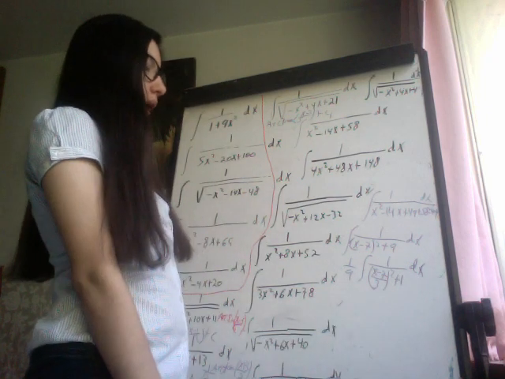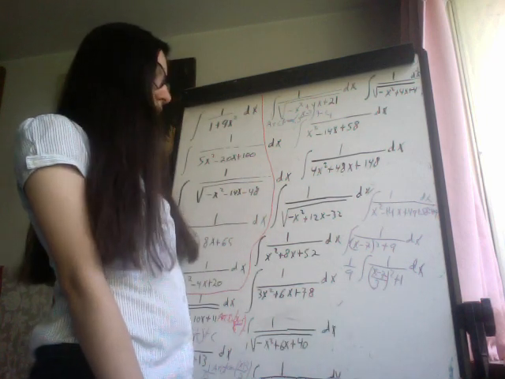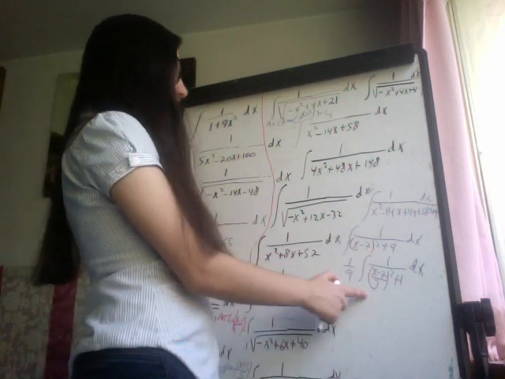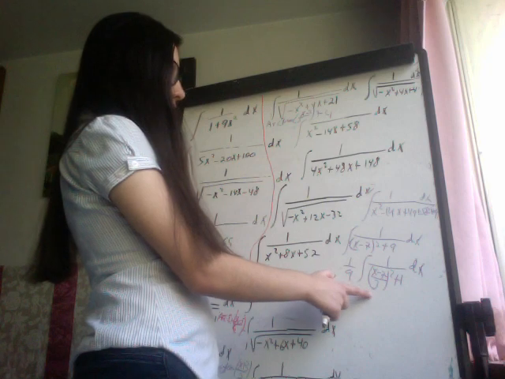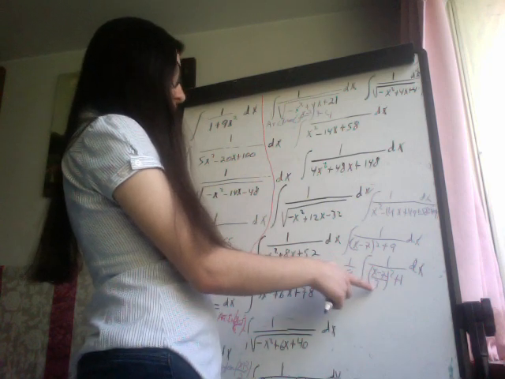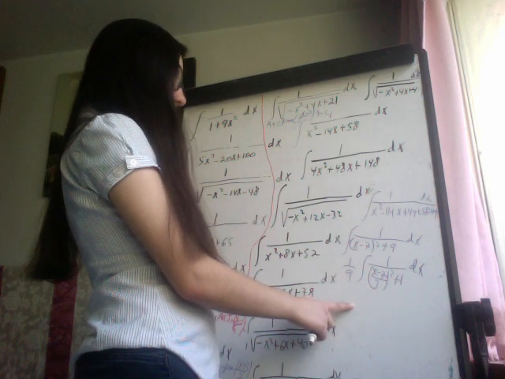So what if we have y equals arctangent of (x minus 7) divided by 3? The derivative will be 1 over 1 plus ((x minus 7) divided by 3) all this squared, times the derivative of what is inside, that is 1/3.